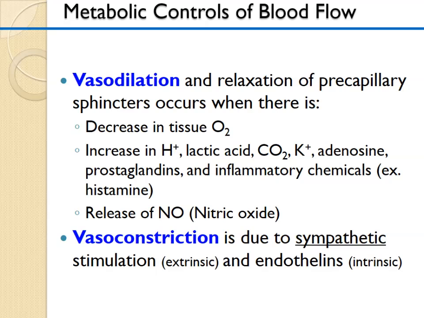So decrease in tissue oxygen, increase in acidity, which is hydrogen ion based or CO2 based, all this stuff will increase acidity. So we vasodilate when we have these situations. Vasoconstriction is due to sympathetic stimulation.